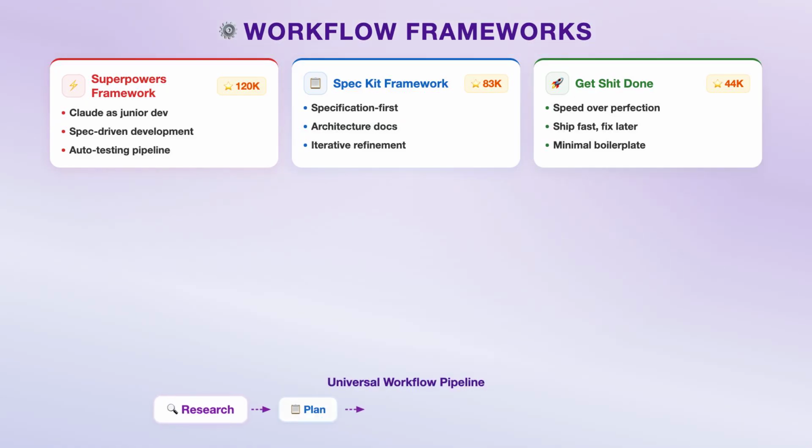Get Shit Done uses fresh 200k contexts with wave execution. Each framework has a different philosophy, but they all follow the same pattern: research, plan, execute, review, ship. The repo shows you exactly how to implement each one.